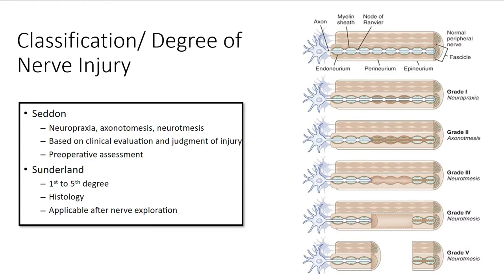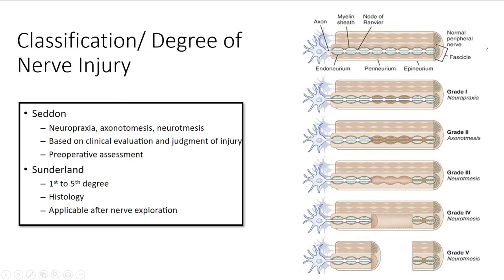The classification or degree of nerve injury is based on two systems. One, by the scientist Seddon, who classified nerve injury into three main types: neuropraxia, axonotmesis and neurotmesis. However, Sunderland classified the degree of injury into five degrees: first, second, third, fourth and fifth.